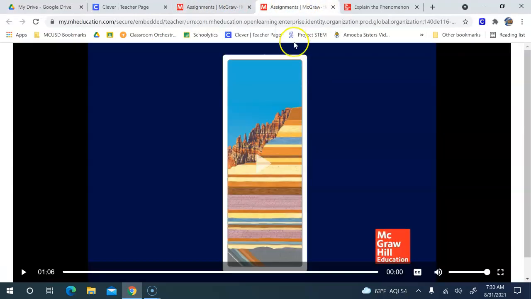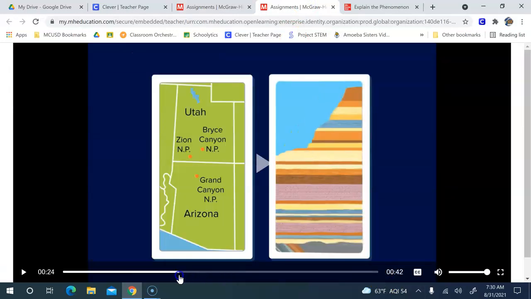So if we look at that, we'll back this up to the map. So there's about 100 kilometers between these two, which means it's about 50 to 60 miles. And then from Zion to Bryce is probably about 25 miles.